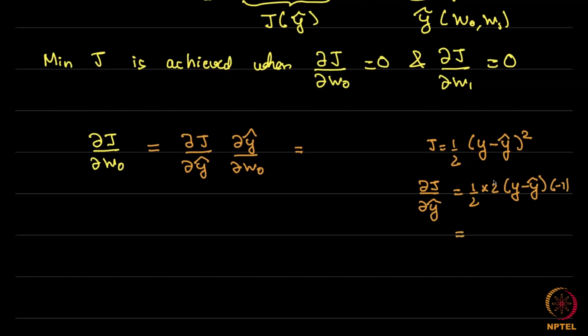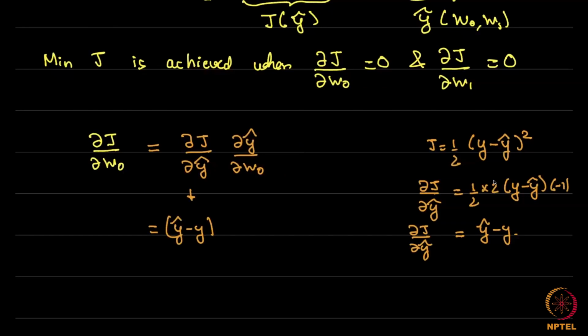I hope this is not too complicated for you, but you should be able to do it fairly straightforwardly if you wish to do this course for credit. Okay, so this is a simple derivative. Del J del y hat is y hat minus y. So I'll write that here. Del J del y hat equal to y hat minus y.